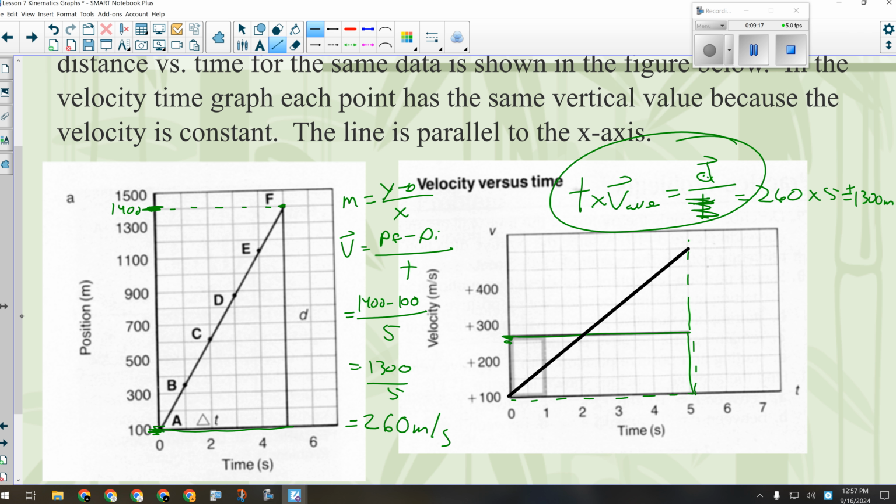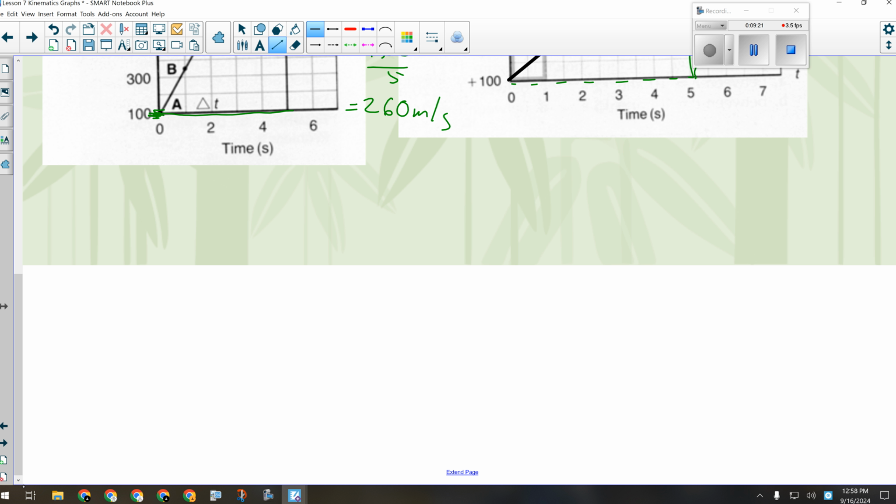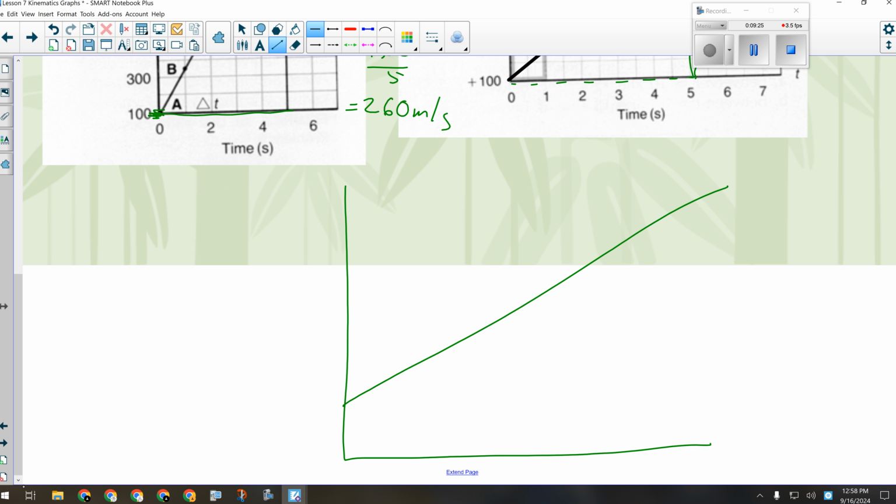So instead, I have a graph that looks like this. Did that object start at 0 meters per second? No, it was already in motion when this started. So that means that there's a distance it would have covered at a constant velocity had it not accelerated. Well, that has to be accounted for.